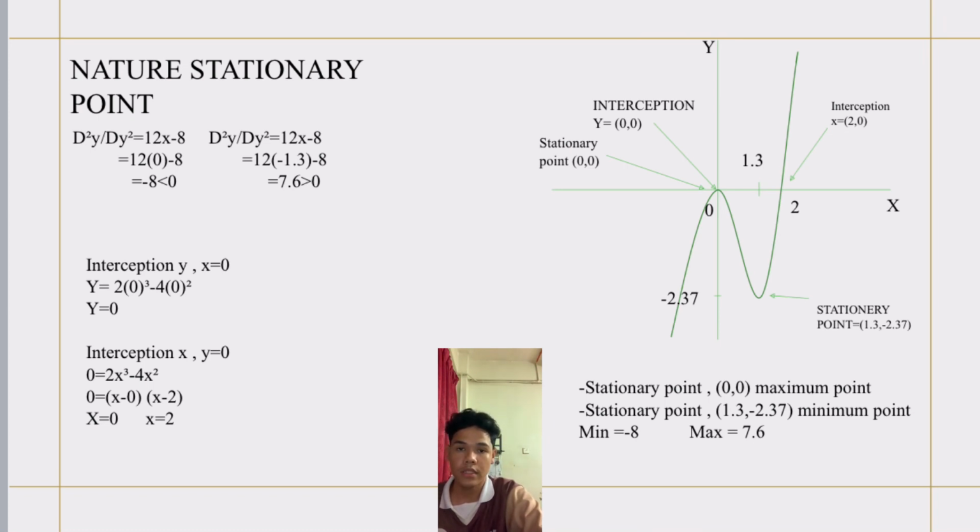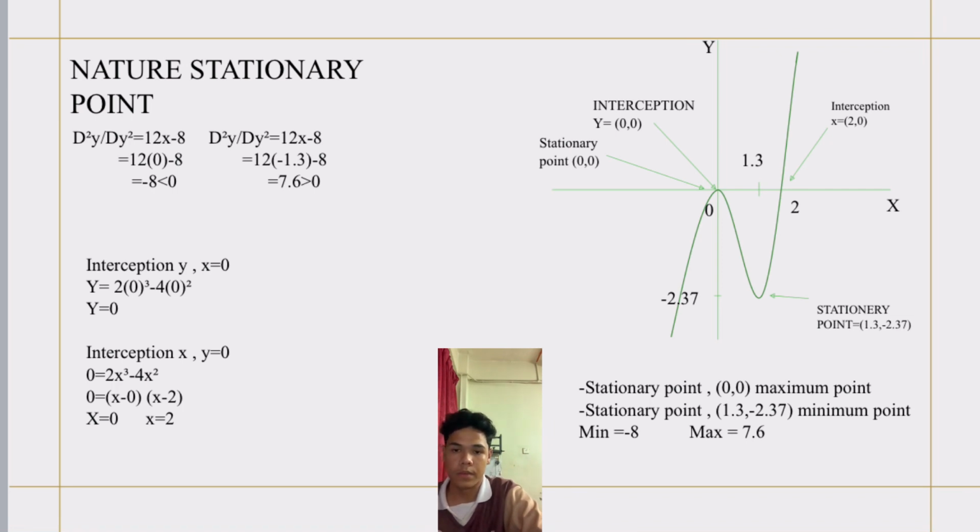So we can see in the table that the graph touches the y-intersection at (0, 0), and the stationary points are (0, 0) and (1.3, -2.37), and the x-intersection is (2, 0).